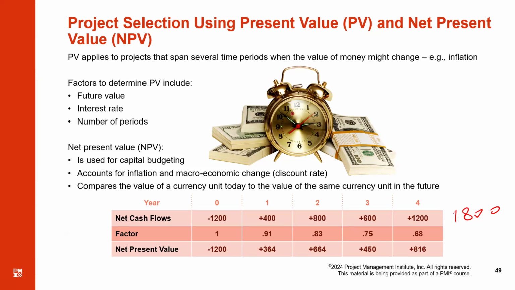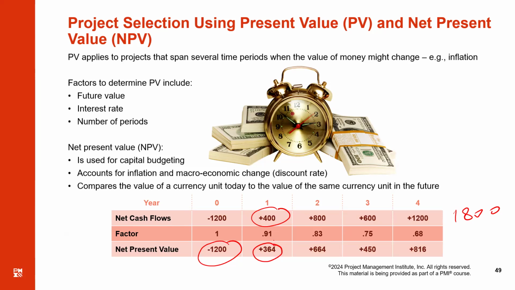What if we are trying to find the net present value? Then the investment remains the same because that doesn't change. But the money we are getting in the first year, when we apply the discount rate of 10%, it becomes 364. Why?